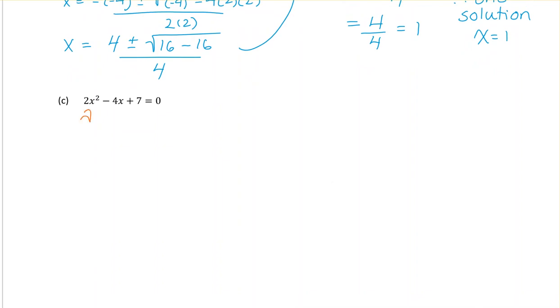So, I'm going to identify my A, my B, and my C, and I'm going to plug those values in.